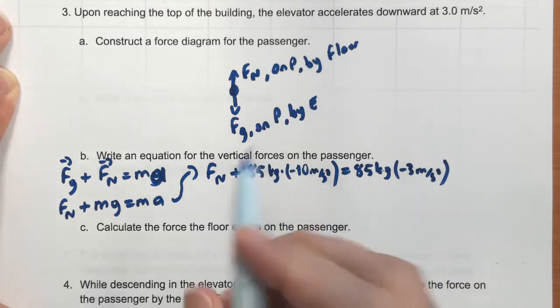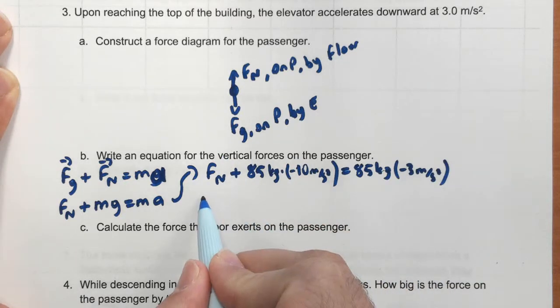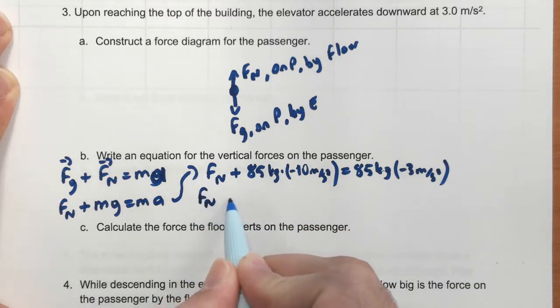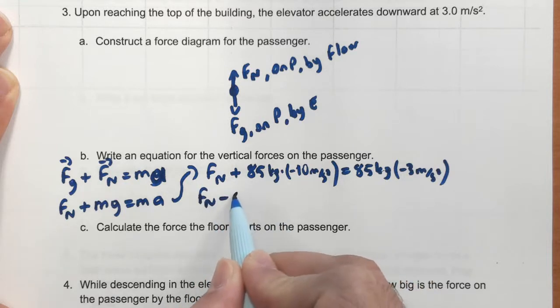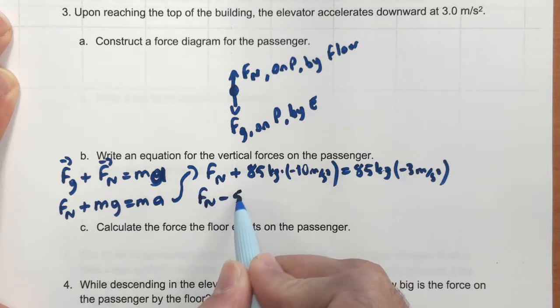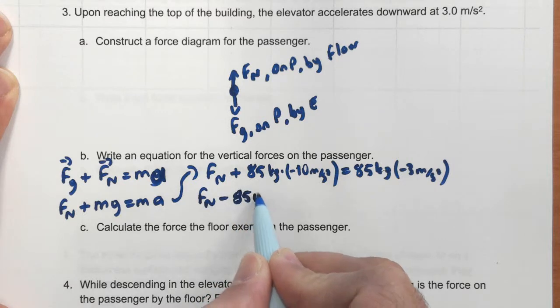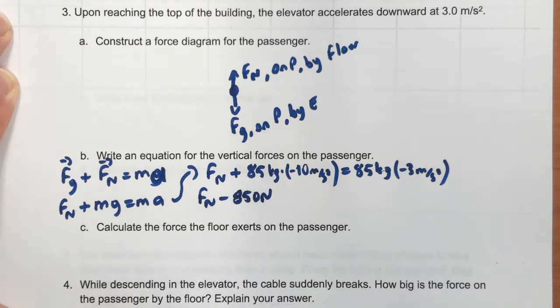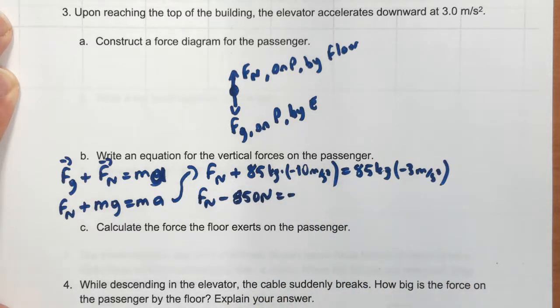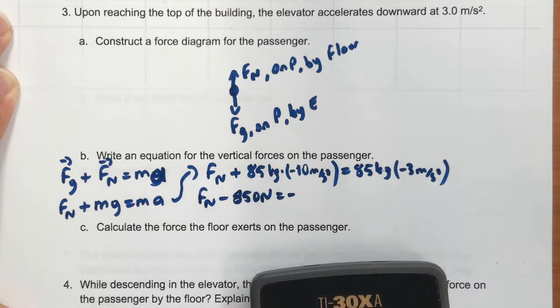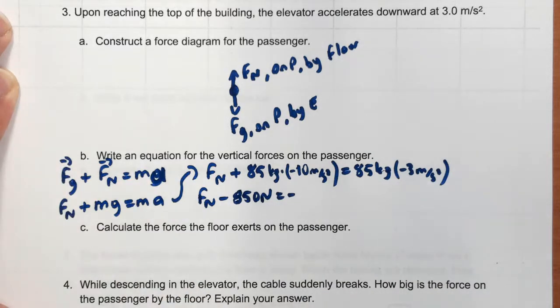Okay, so here let's solve it. The rest of them is math. Force of normal minus 850 Newton equals negative, so 3 times 85, 255 Newton.